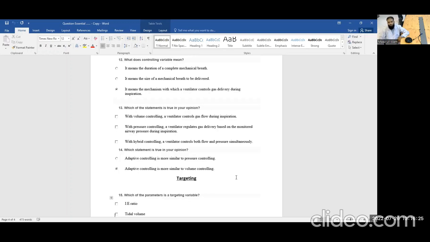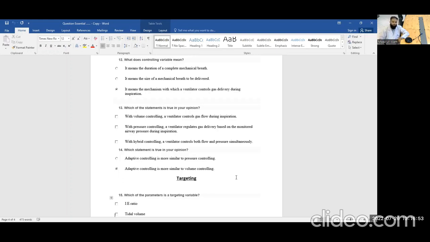With hybrid controlling, a ventilator controls both flow and pressure simultaneously. So the answer is option number 1, option number 2, and option number 3. All 3 answers are correct.